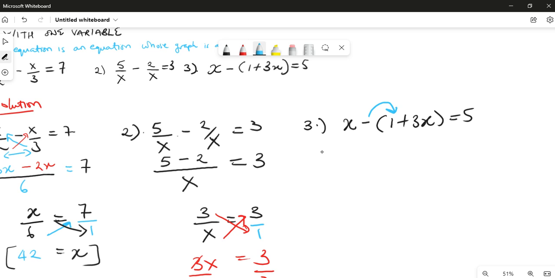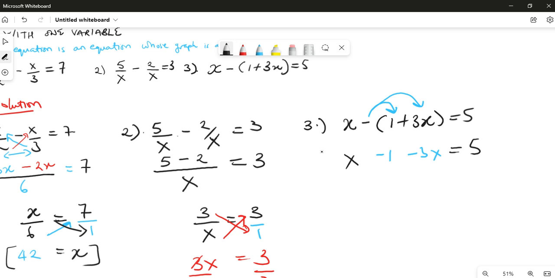So we're going to say negative 1 times 1, we get negative 1. Negative 1 times 3x, we get negative 3x. So we have x minus 1 minus 3x equals 5.